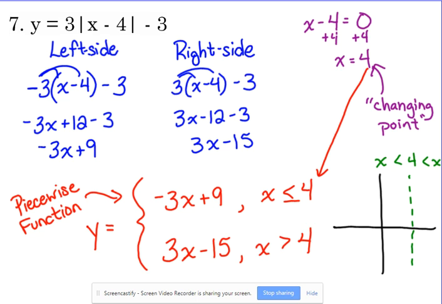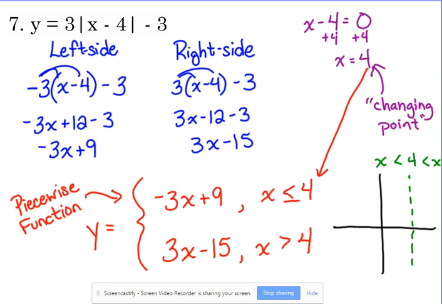All right, so I want us to practice with this. One more thing that I need to point out, though. On number 8, in order to write it correctly piecewise, when the coefficient with the x is negative, like with number 8, it's negative 2x inside the absolute value there.